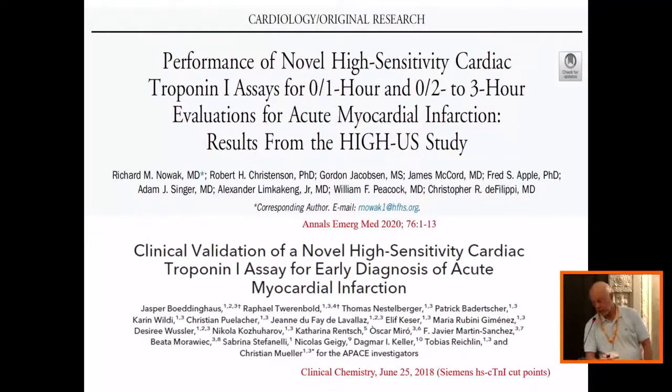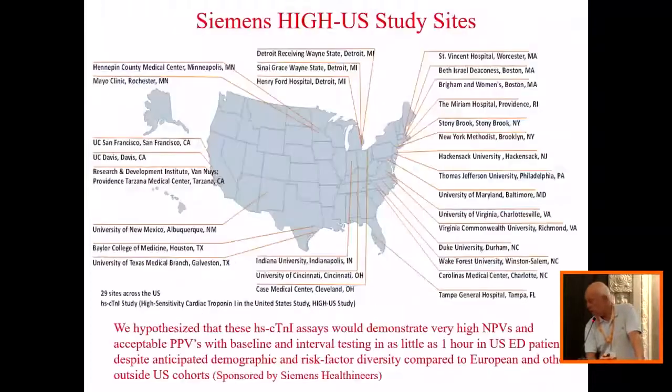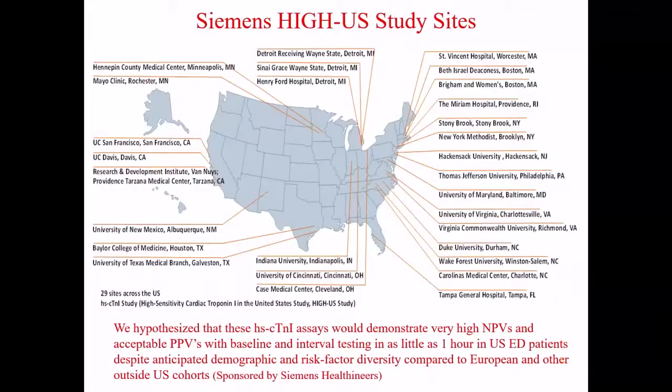We actually showed there was a great correlation, and you could take the ESC cut points based on a European population to an American population. We did this in the US with 29 sites, academic, non-academic, a variety of places.